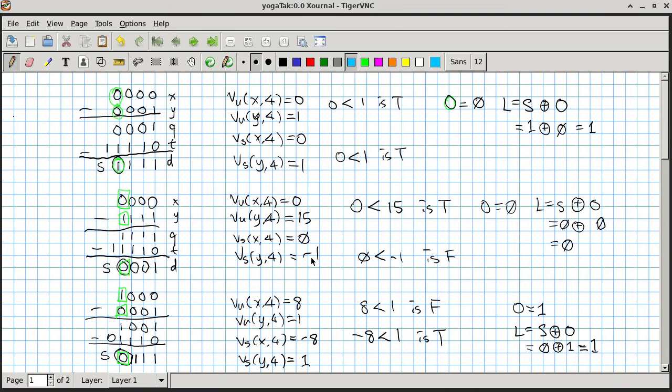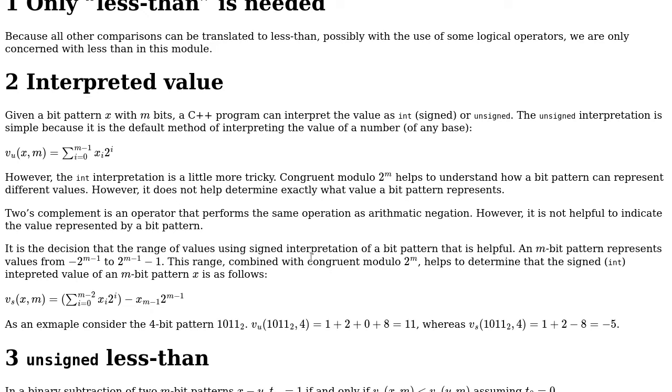Are we good so far? Are we okay with the VU versus the VS definitions? And those definitions are right here. So this is the unsigned interpretation, this is the signed interpretation. Are we okay?